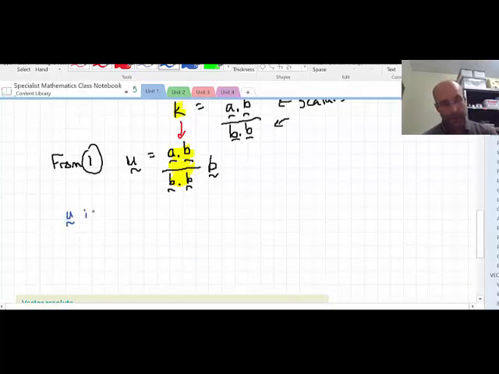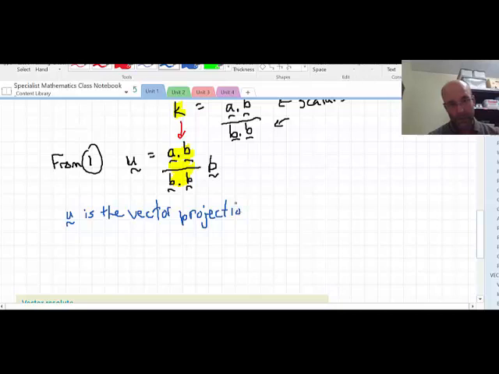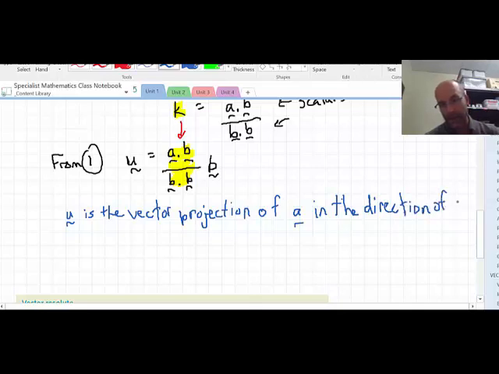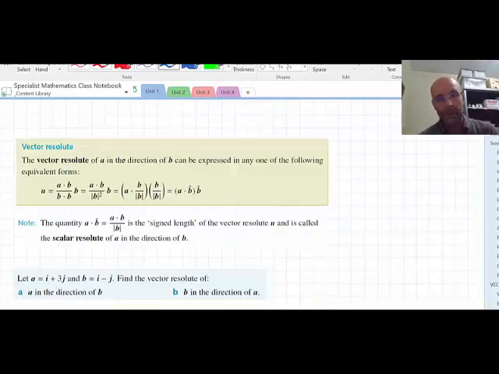Now we have our result, and this is basically saying that U is the vector projection of A in the direction of B. U is the vector projection or the vector resolute of A in the direction of B.